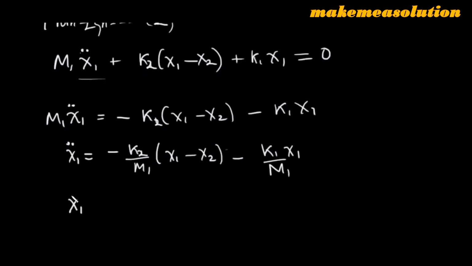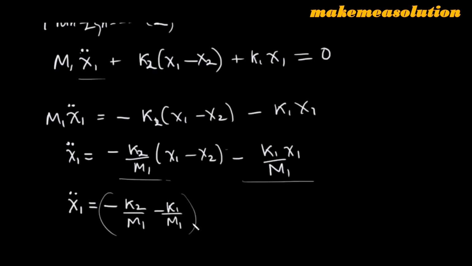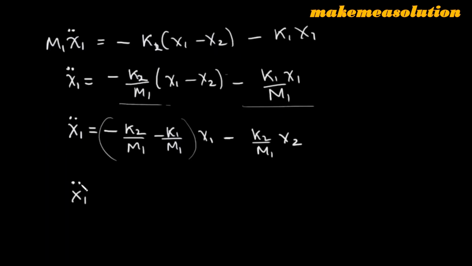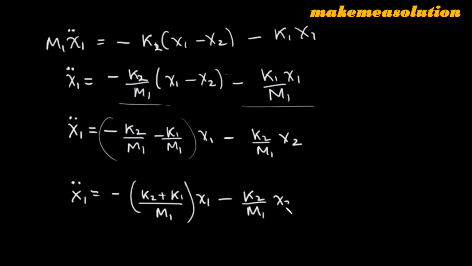So if I solve a little further, x1 double dot is going to be, you can decide to collect these two together, so you get minus k2 over m1 minus k1 over m1 all into x1, then you now have minus k2 over m1 all into x2 when you factor these two together. So you now have x1 double dot is minus k1 plus k2 all over m1 into x1, then minus k2 over m1 into x2.